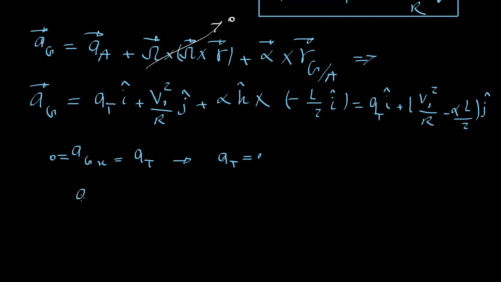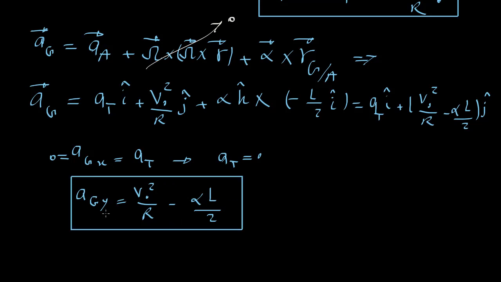And also I can say that AGY is equal to V naught squared over R minus alpha L over 2. Let me highlight this equation.